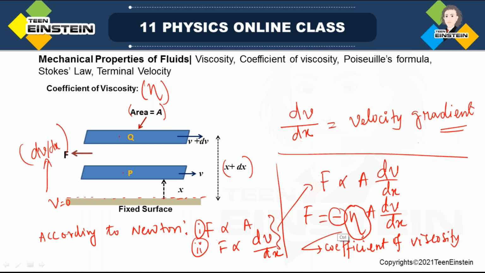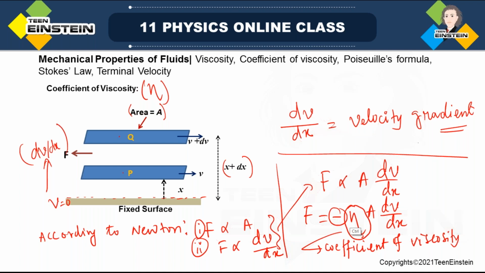Okay, so what we get, according to Newton, is that the viscous force is directly proportional to the contact surface area, and the force of friction between the layers is directly proportional to the velocity gradient. If we combine both proportionalities, we get this. And to write it as an equation, we bring in a proportionality constant, eta, along with the minus sign.